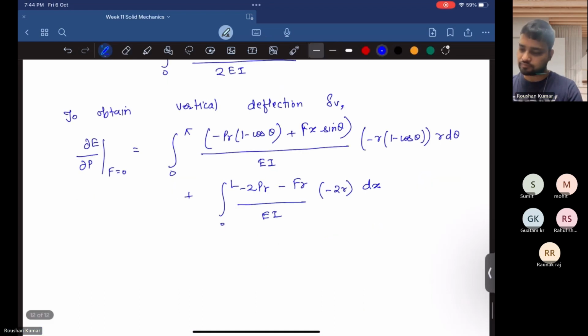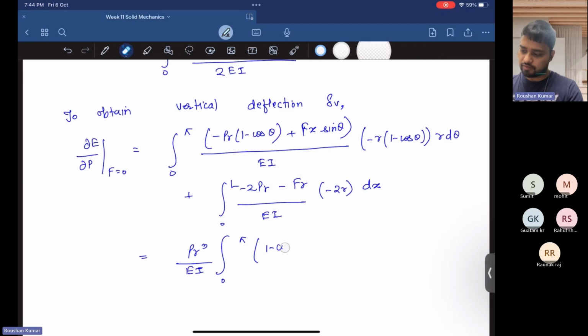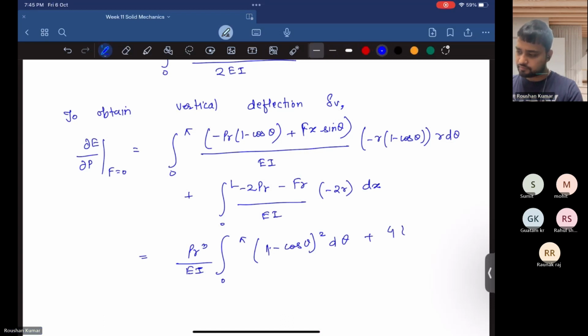Okay, now again we are taking the constant terms outside of the integration, so it becomes PR cube upon EI, integral over 0 to pi (1 minus cos theta) whole square d theta, plus 4PR square L upon EI.